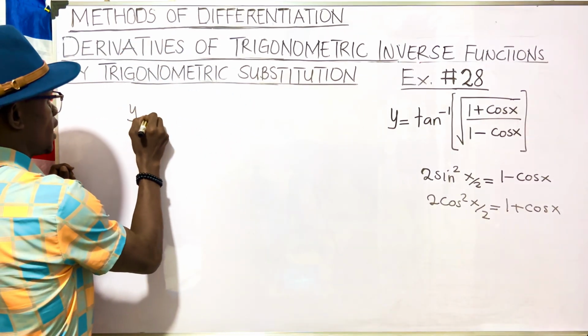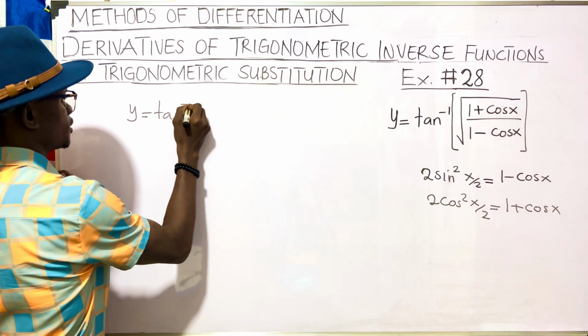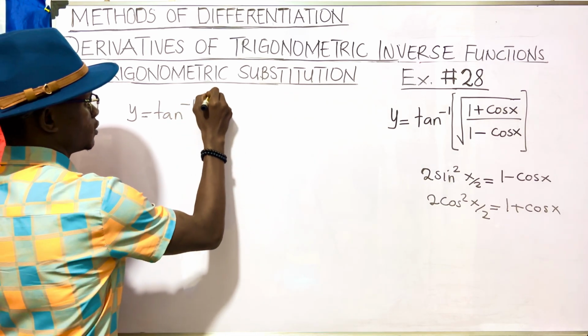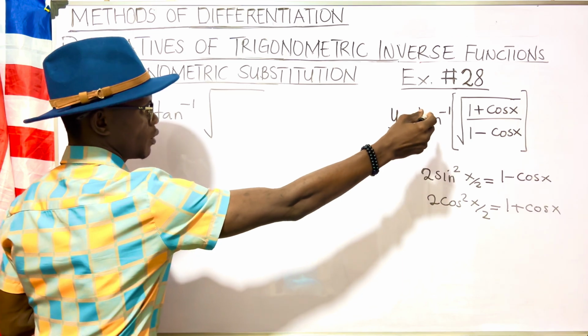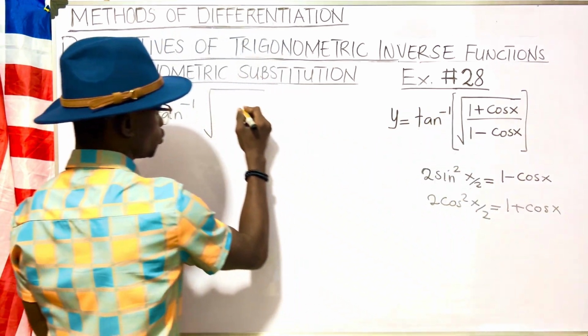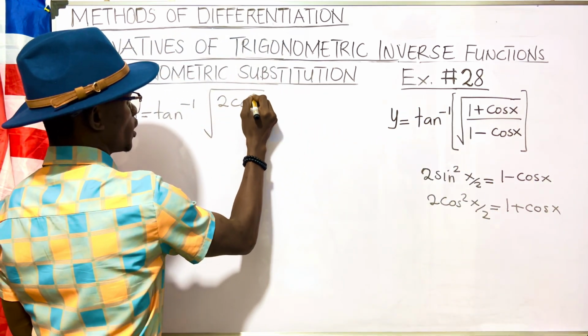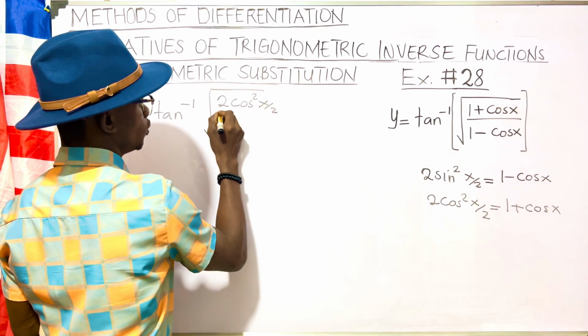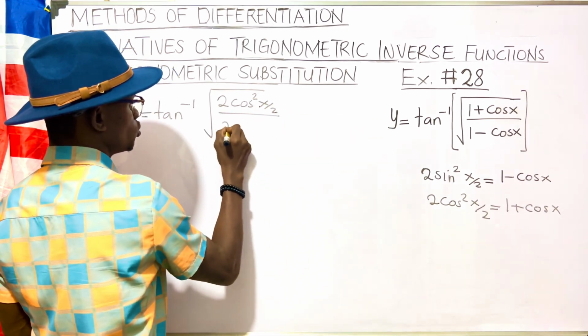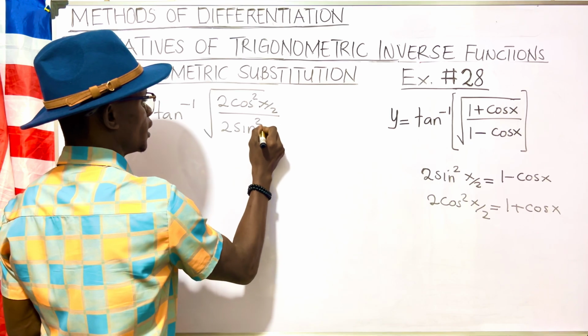So we have y equals tangent inverse of the square root of, now the numerator 1 plus cos x is just equal to 2 cos square x over 2, and the denominator is 2 sine square x over 2.